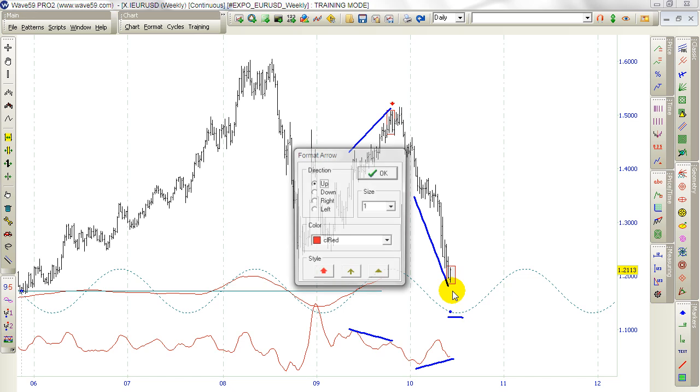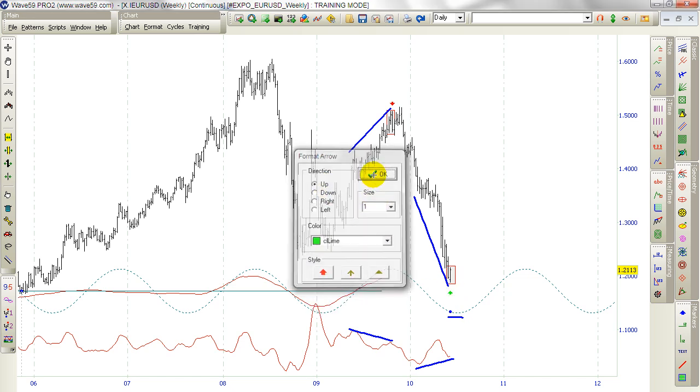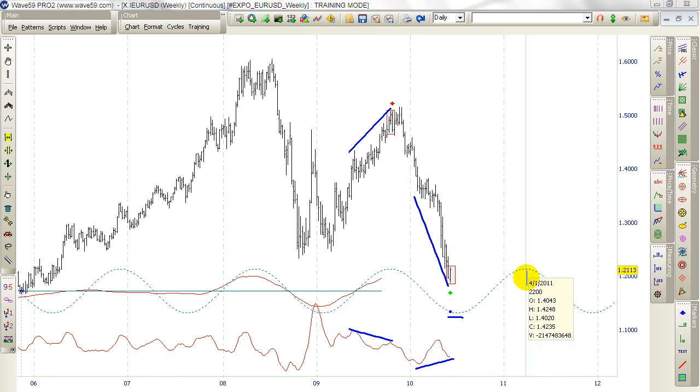So we arrived now at the expected cycles low, and as we move forward in time, our next interesting point of interest is somewhere located in April 2011.